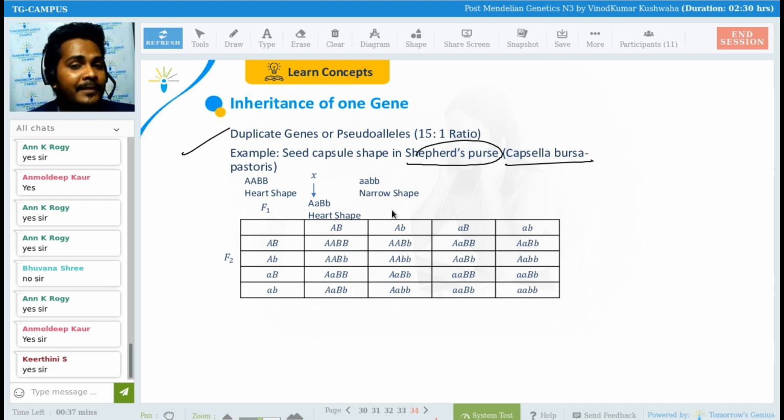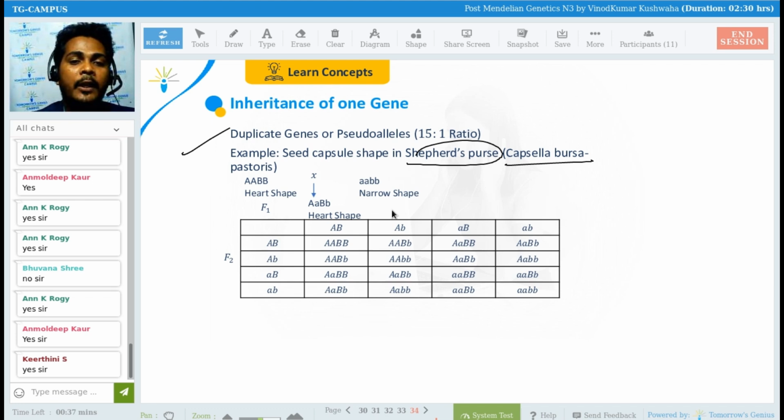The independent genes do not have a cumulative effect. They produce the same phenotype whether present in the homozygous or in the heterozygous condition. In both states, they show their phenotypic effect, right?